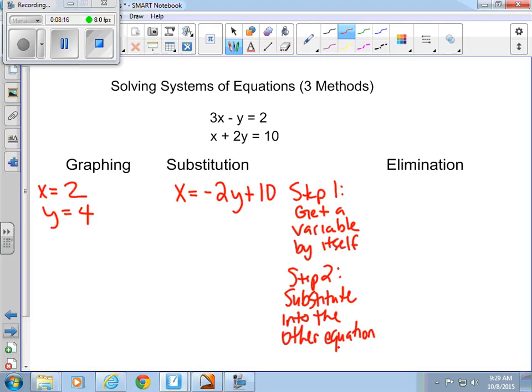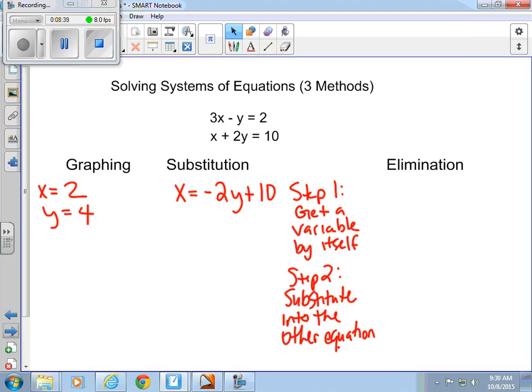What do I mean the other equation? What is the other equation? The one on the top, the one that I didn't use yet. Okay, make sure you don't use the same equation twice. It won't work out for you. You'll get an incorrect answer. So make sure you use the other equation.